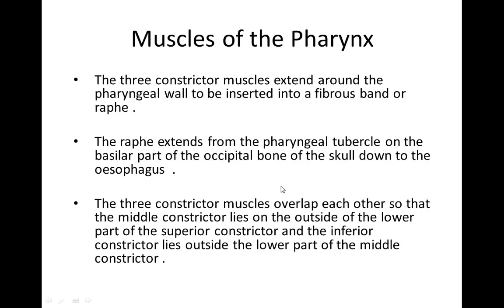The 3 constrictor muscles overlap each other, so the middle constrictor lies on the outside of the lower part of the superior constrictor. The inferior constrictor lies outside the lower part of the middle constrictor.